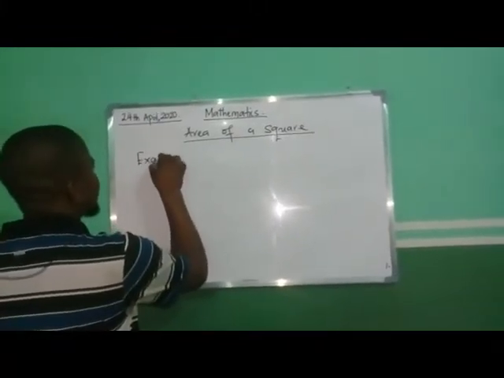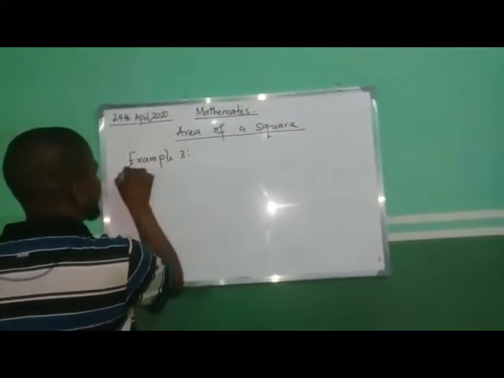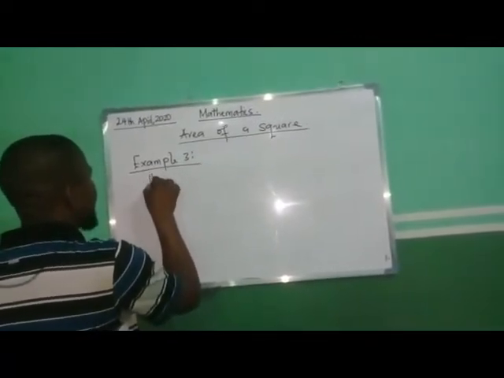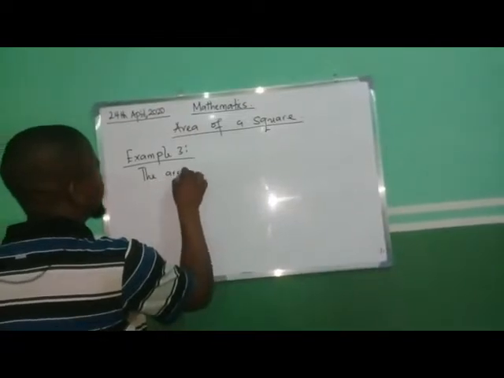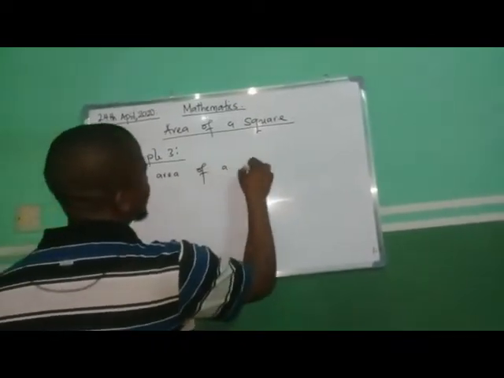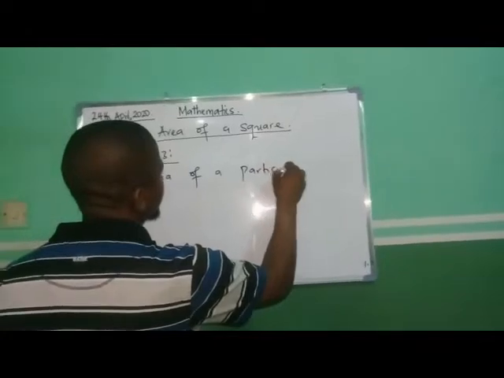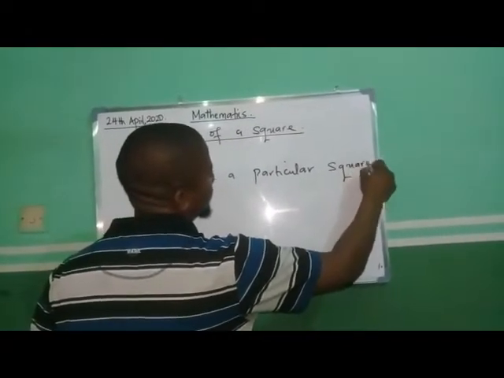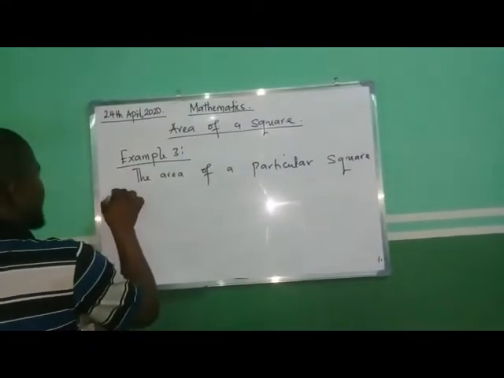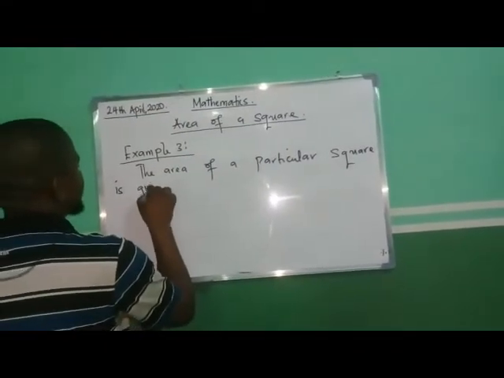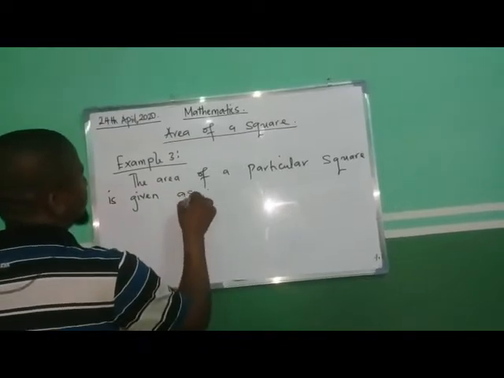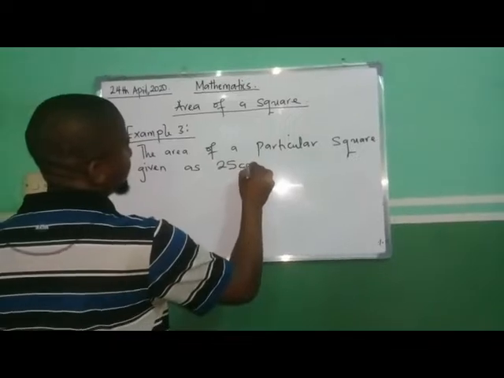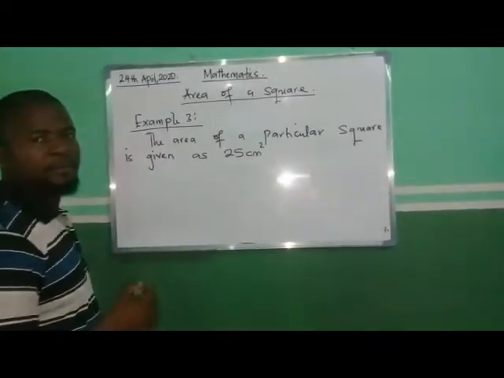In an example like this, the area of a particular square is given as 25 centimeters squared.